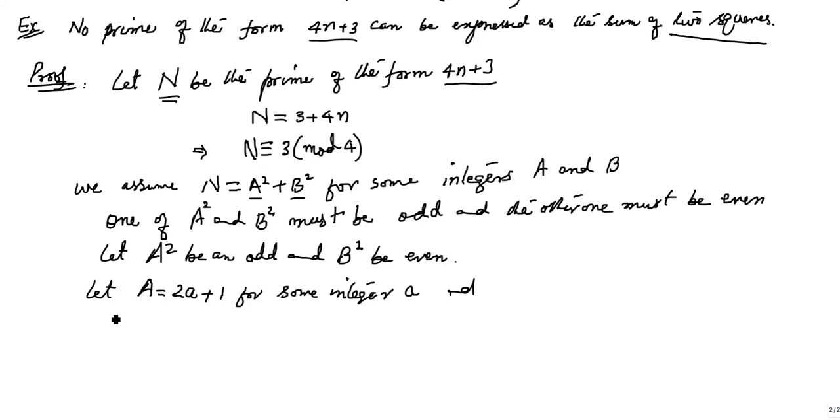And b is even, since b square is even, so b must be even as well. The general representation for an even number is 2 times some integer. So we assume that b is 2b for some integer b.